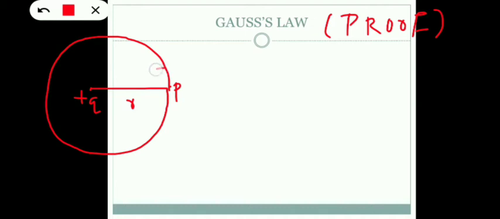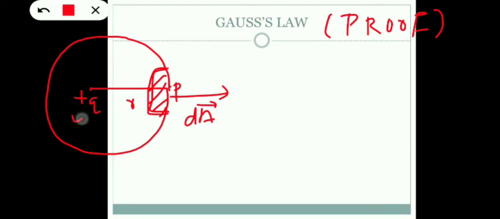Here consider a small area element dA. What will be the direction of the area vector? You know, the area vector is always perpendicular to the area element. So this is our area element and this will be our area vector, perpendicular to the area element. And what will be the direction of the electric field here?